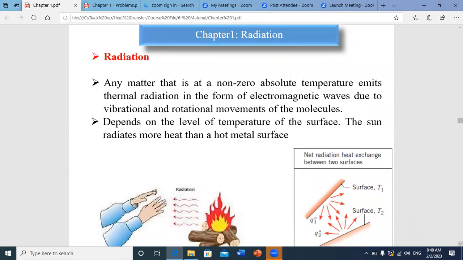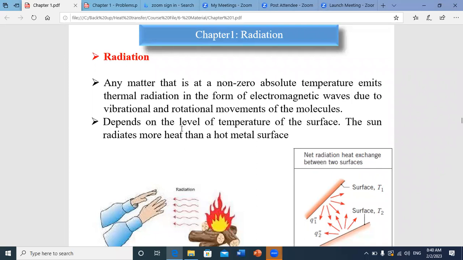This is one of the main differences between radiation and conduction and convection, because conduction and convection need a fluid or a solid to transfer heat. However, in the case of radiation, even if you have an empty space but you have surfaces at different temperatures, you will have heat transfer between them by radiation.